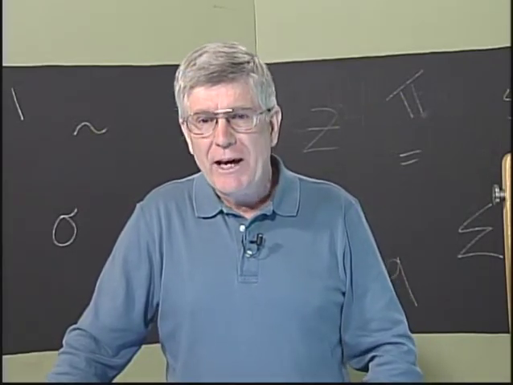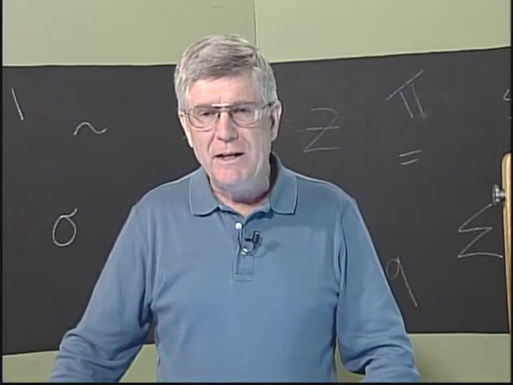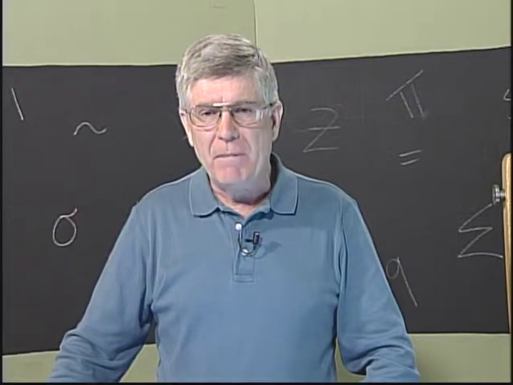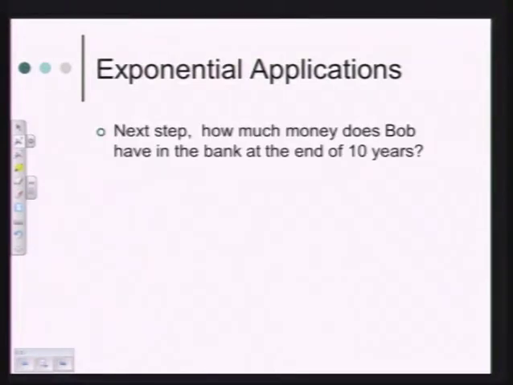So let's look at this from a little bit different perspective. Instead of finding the interest, let's find out the amount of money that Bob has at any given time T. So we're going to look in this scenario, how much money does Bob have in the bank at the end of 10 years?